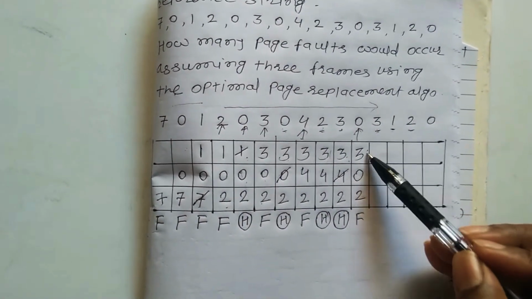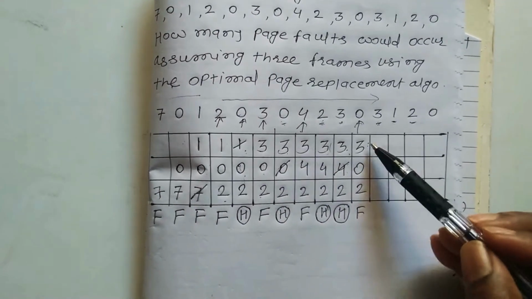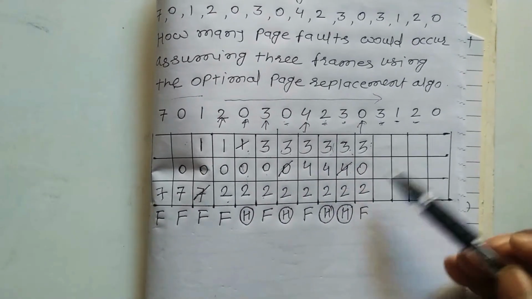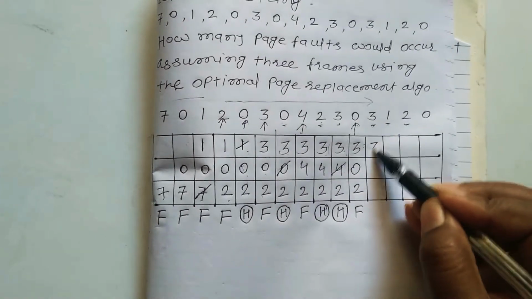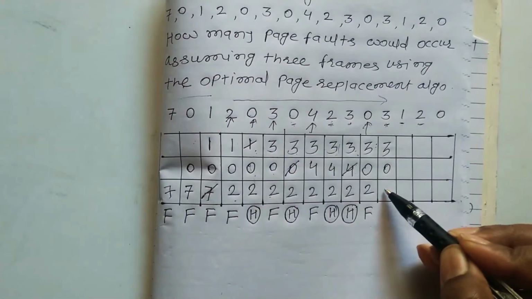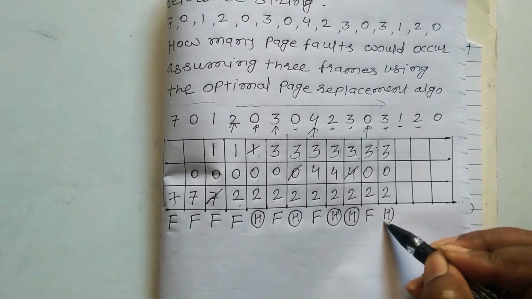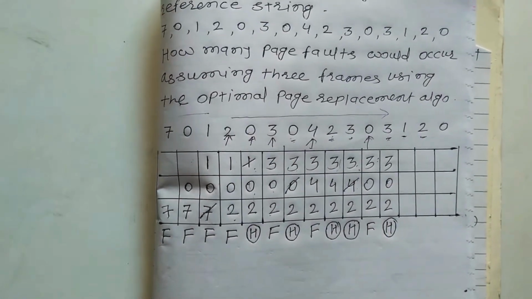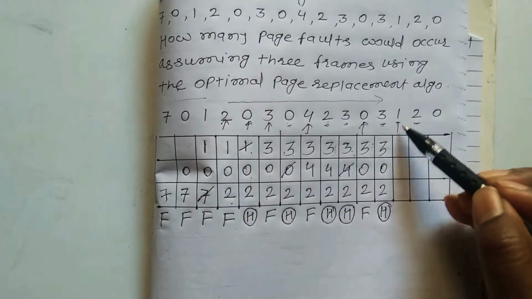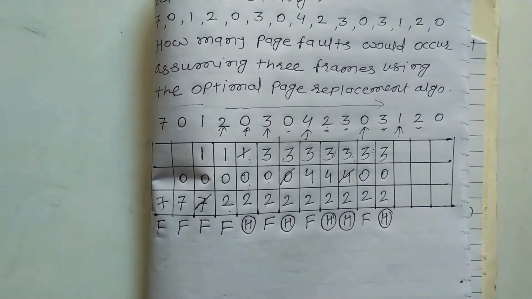Now the next page I want to place in the main memory is 3. And if I see the previous frame, 3 is already there in the main memory. So I will write down all these pages as they are, and this is a page hit. Now the next page I want to place in the main memory is 1.